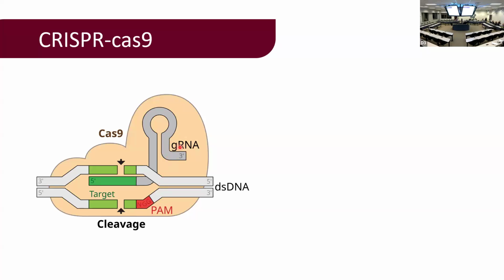And with this guide RNA, which comes and identifies a specific point of our DNA, when it identifies that specific point, Cas9 comes and makes a double helix or a single helix cut, and that's what it does.